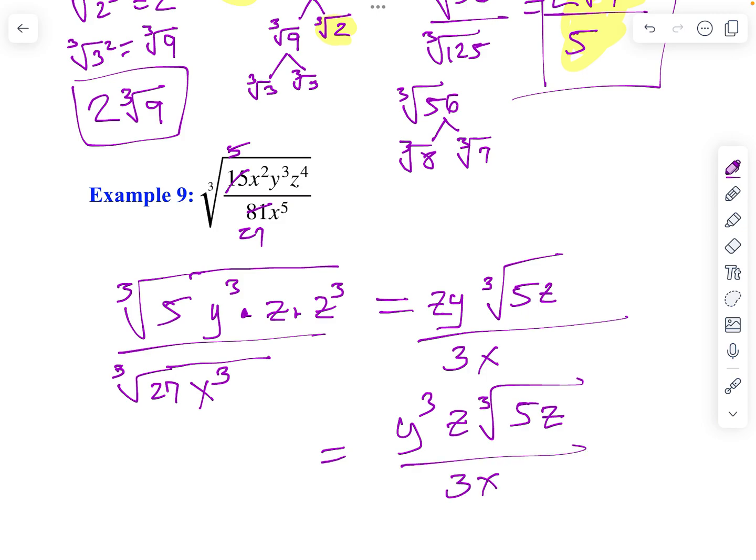Notice, nothing simplifies. The 3 doesn't, and the 5 is in the cube root. Even if it did go, it wouldn't simplify, because I have to take cube roots divided by cube roots. And now I've got y z times the cube root of 5z over 3x, and there is our simplifying.